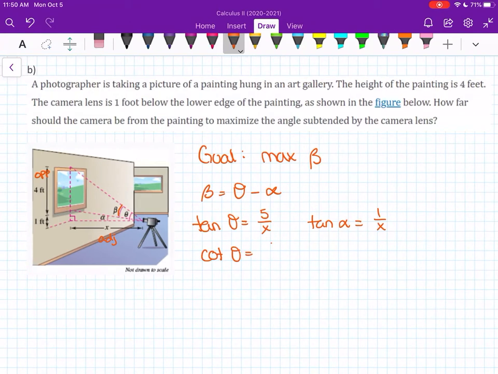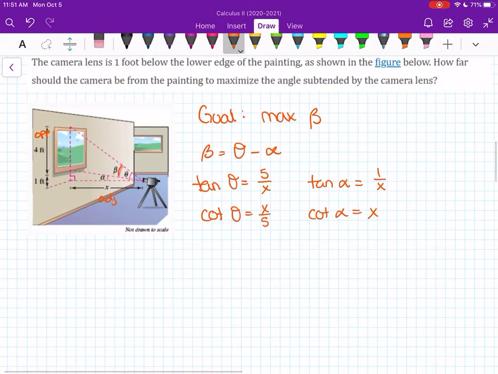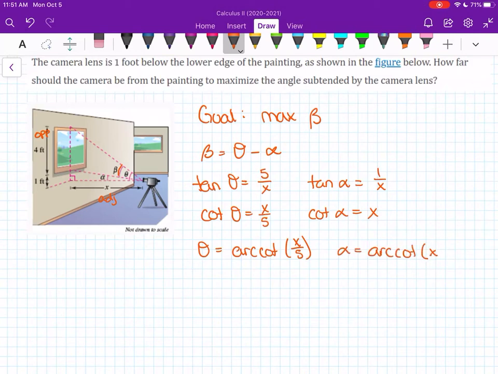So cotangent of theta is x over 5. Cotangent of alpha is x. So then I can find that theta is going to be the arc cotangent of x over 5. And alpha is going to be the arc cotangent of x.